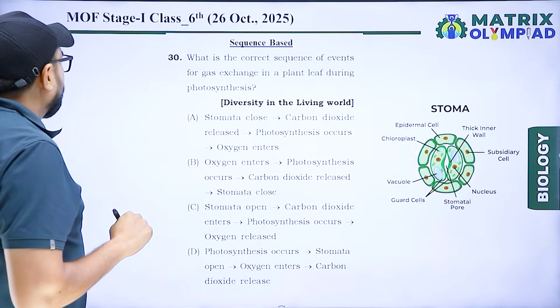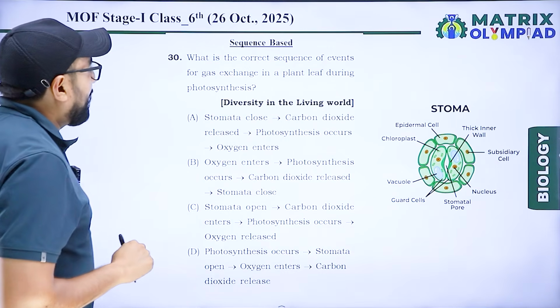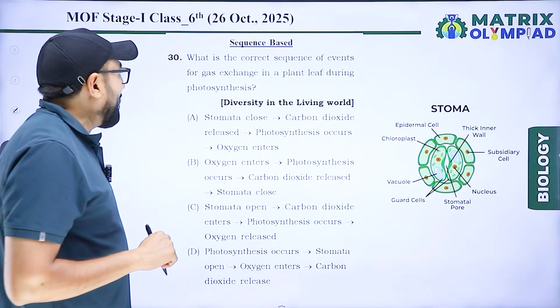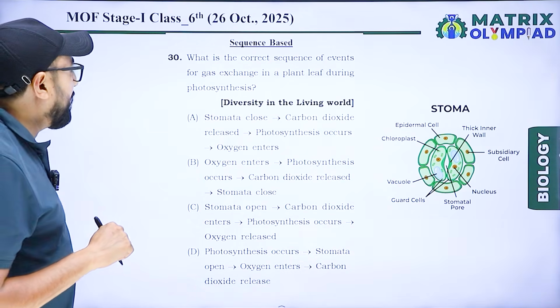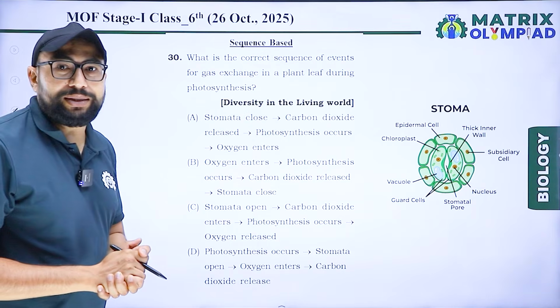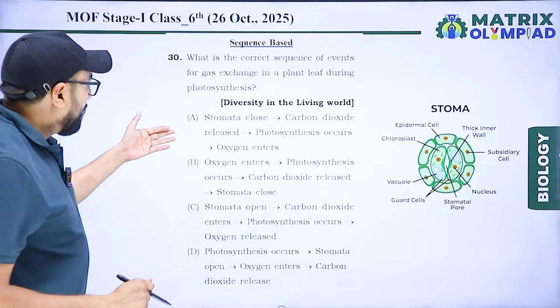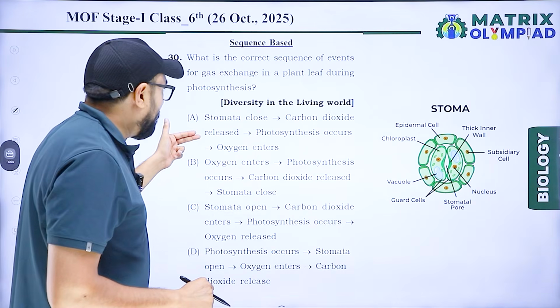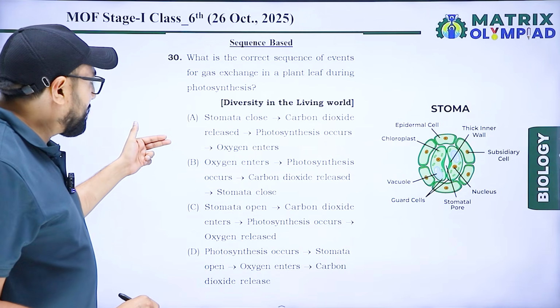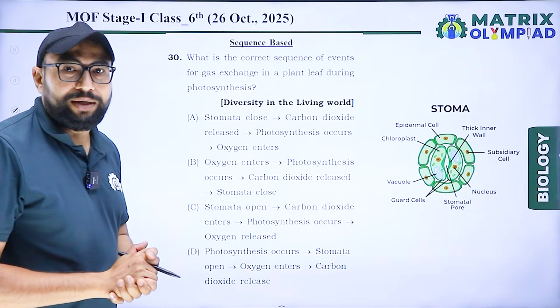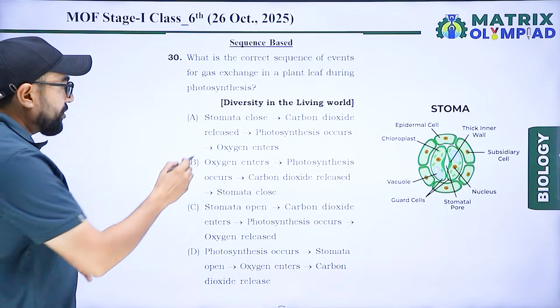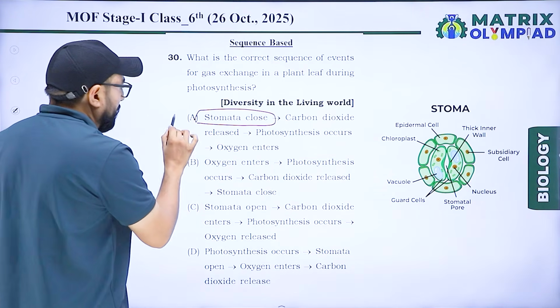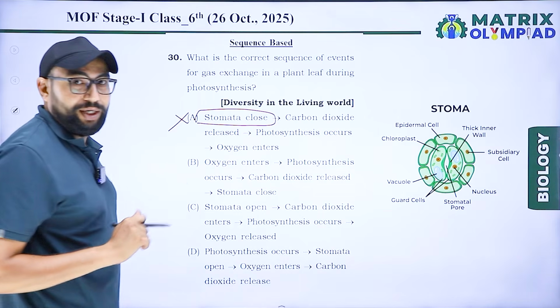Next question: what is the correct sequence of events of gas exchange in a plant leaf during photosynthesis? Option A, stomata close, carbon dioxide release, photosynthesis occur, oxygen enter. During stomata close, there is no gas exchange.